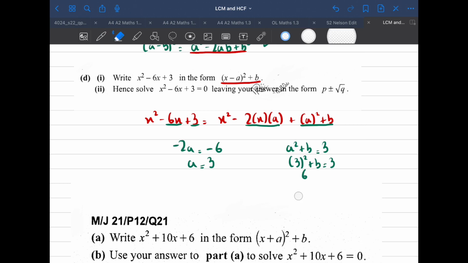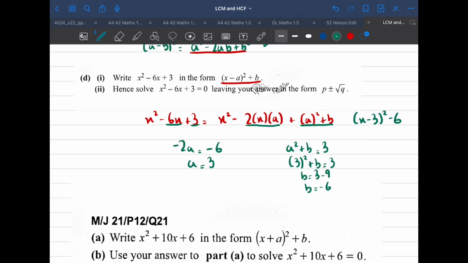Let's shift this there. So b will be 3 minus 9. So b will be negative 6, right? So now it's going to become (x minus 3) whole square minus 6. Did you get it? The easier form of it. Is the easy method clear to you?